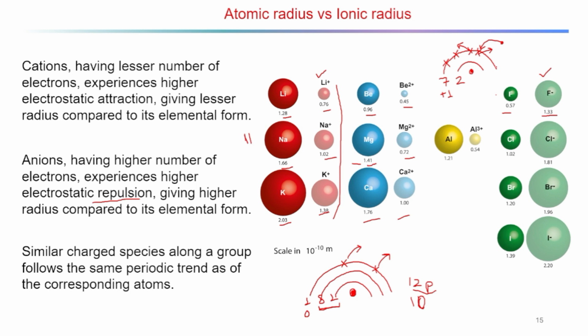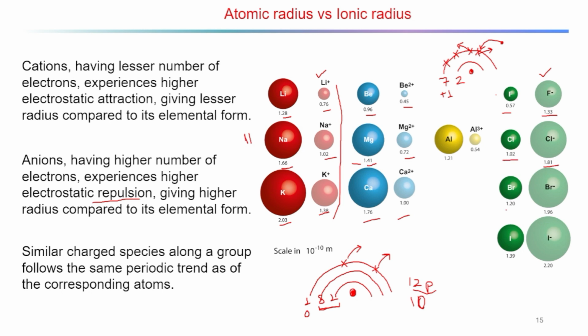As we are putting an extra electron, the electron-electron repulsion is increasing, the shell is expanding, and we are getting a higher value of radius, ionic radius or anionic radius, compared to the elemental form.